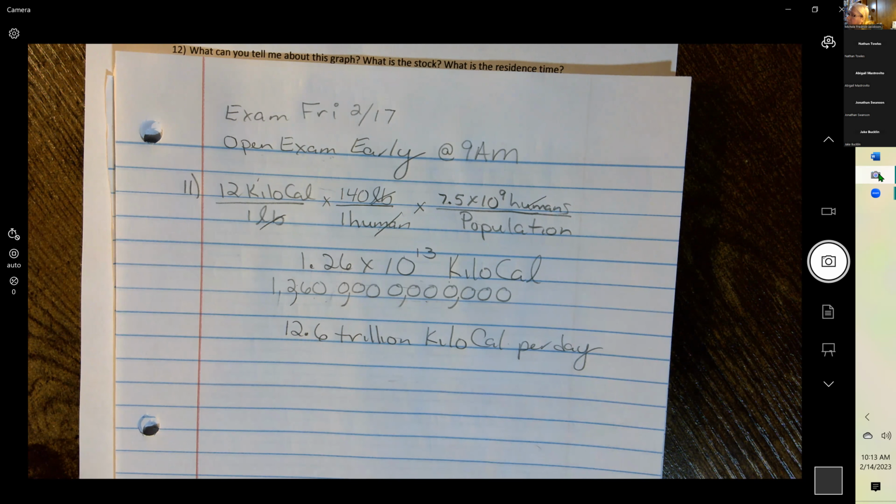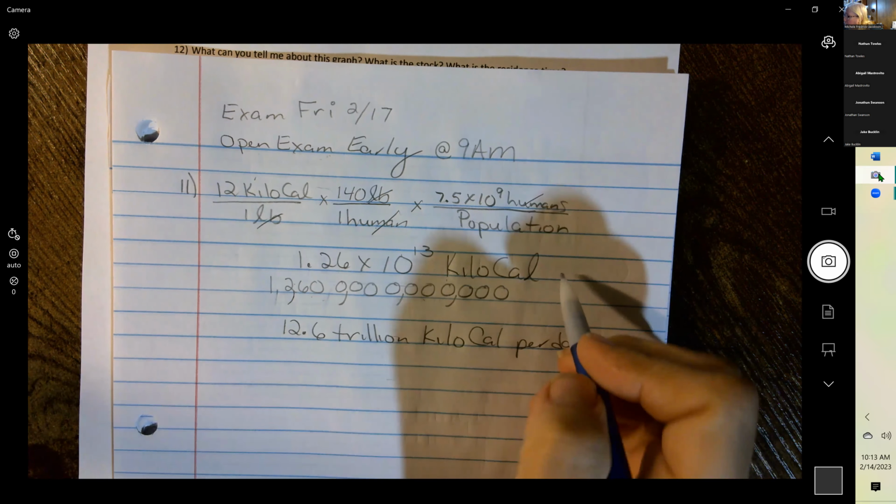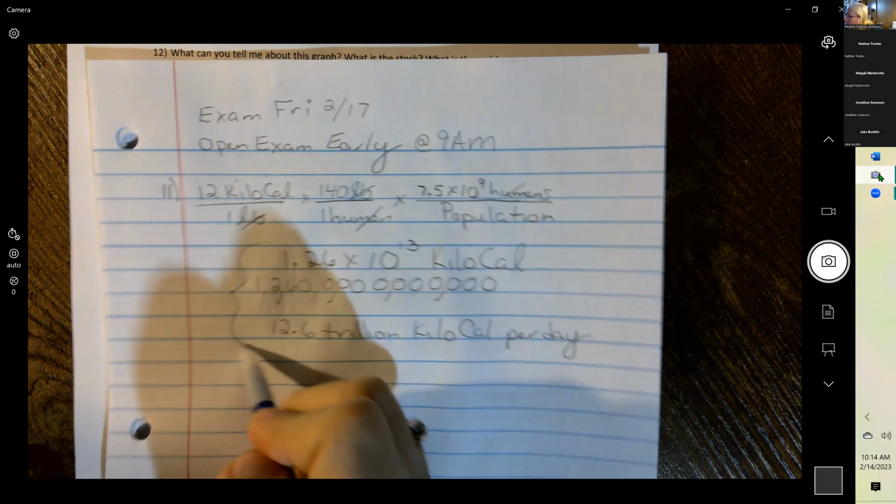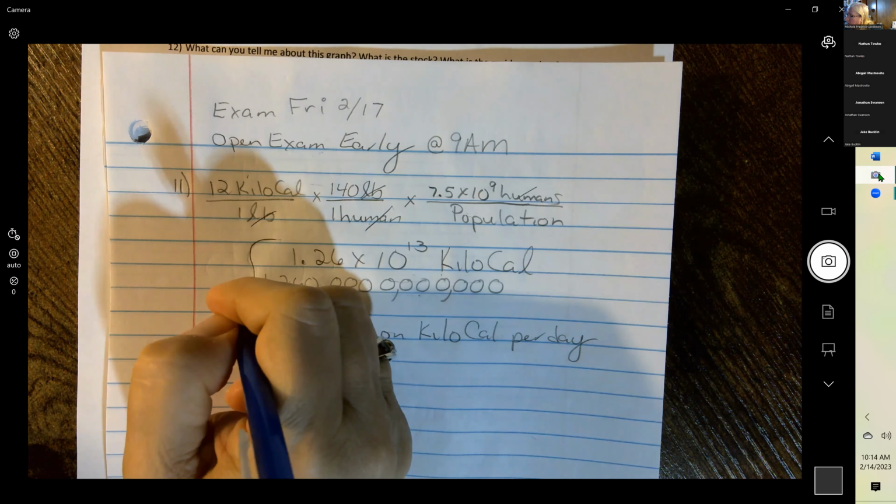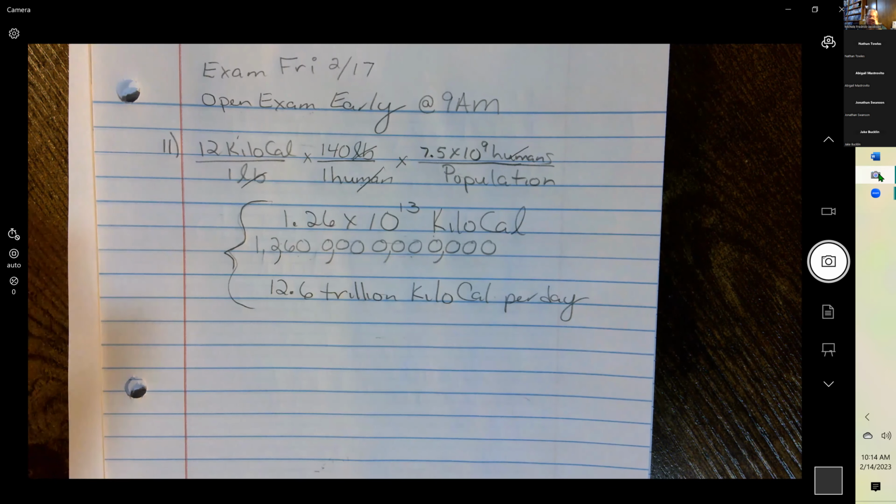Now it didn't specify what to use, so you could have written it any one of these three. Any questions on that?